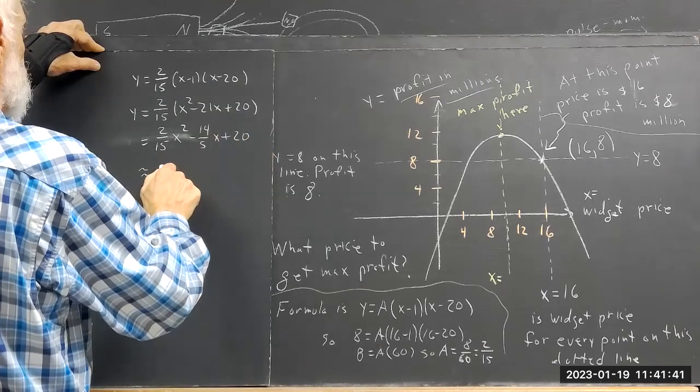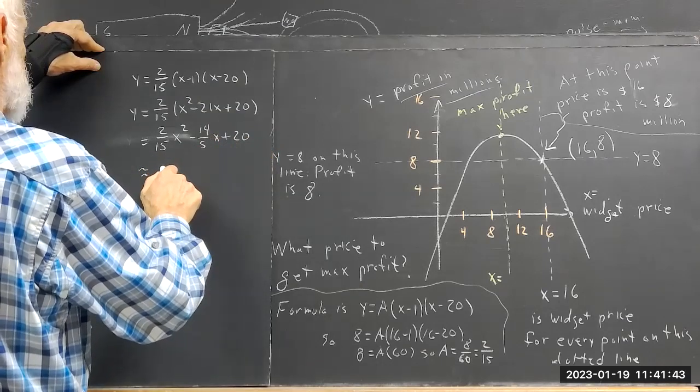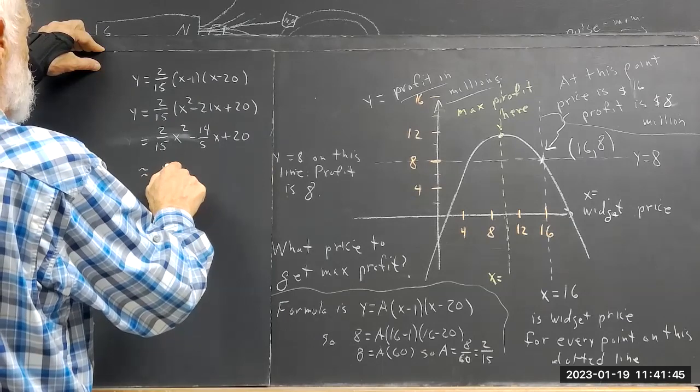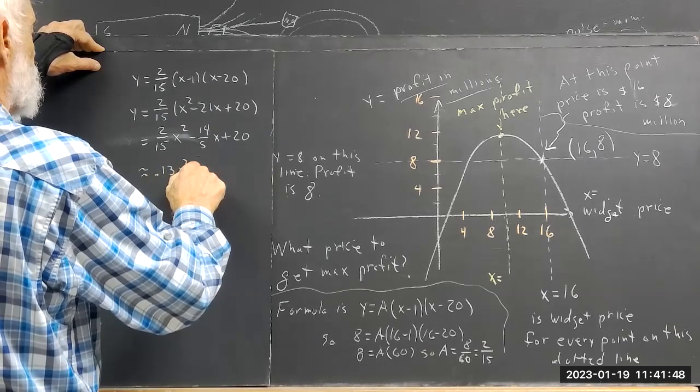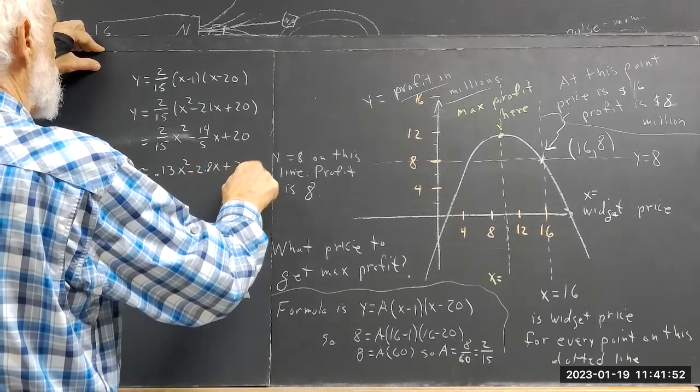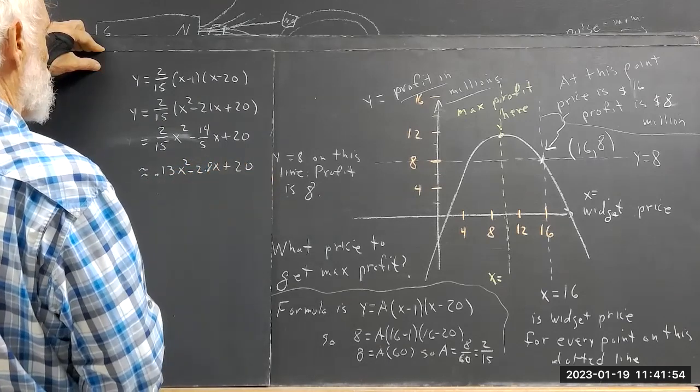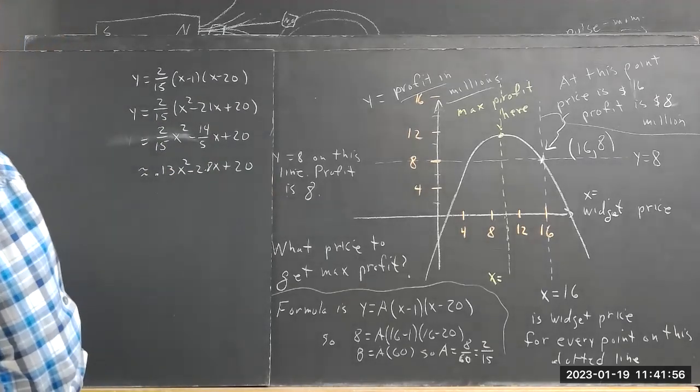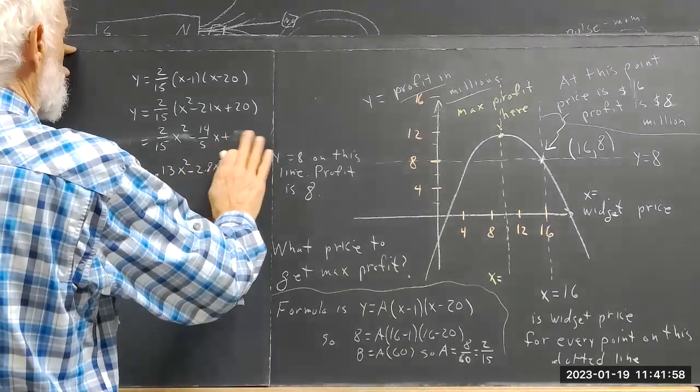And that's approximately 0.13x squared minus 2.8x plus 20, so it's terribly low. Oh yeah, they got the 20 back here.